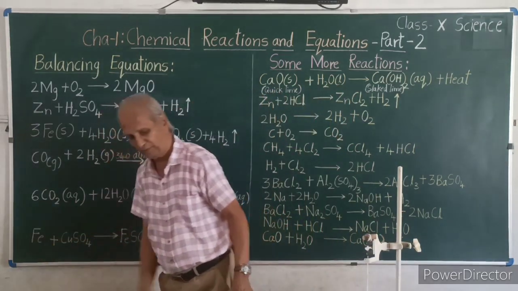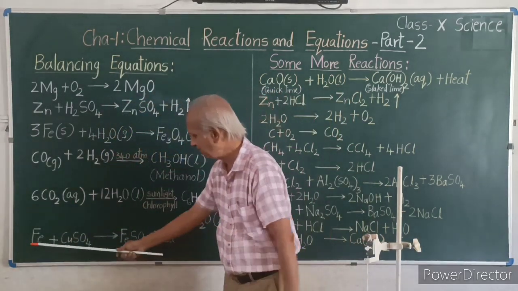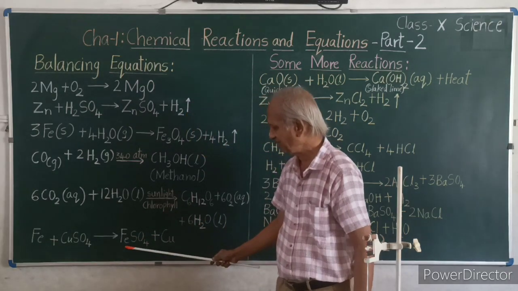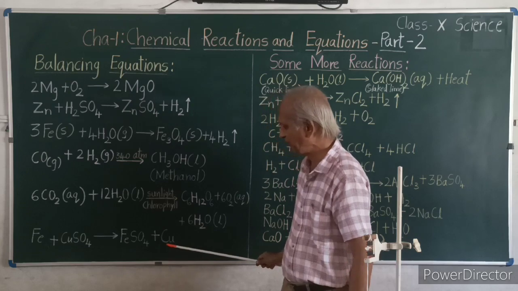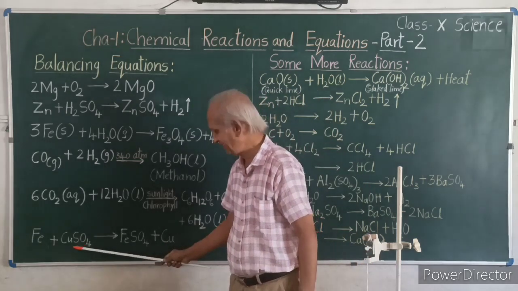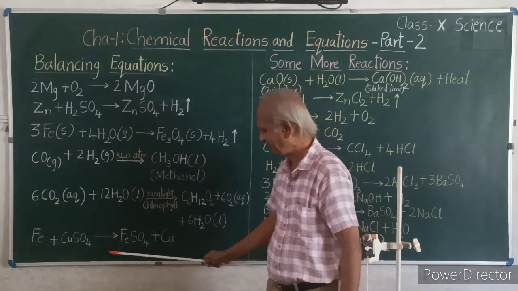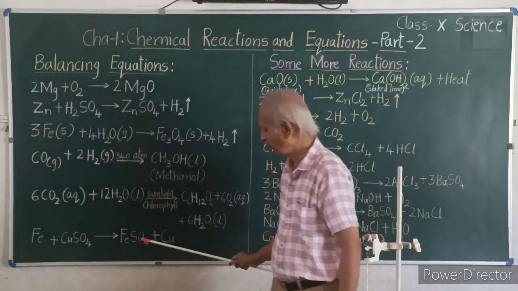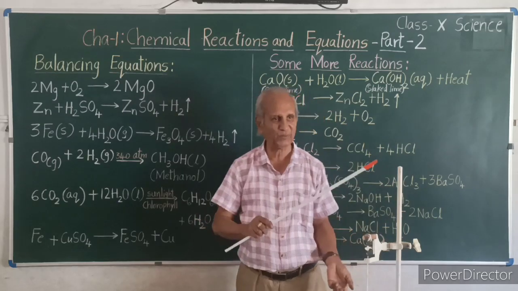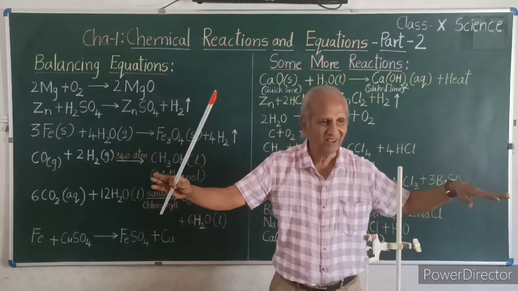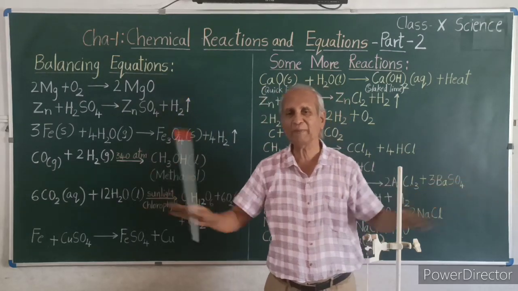You have one atom of Fe here, one atom of Fe here, one atom of Cu here, one atom of Cu here, one atom of S here, one atom of S here, 4 atoms of O, 4 atoms of O. The left hand side and right hand side of the equation are well balanced.